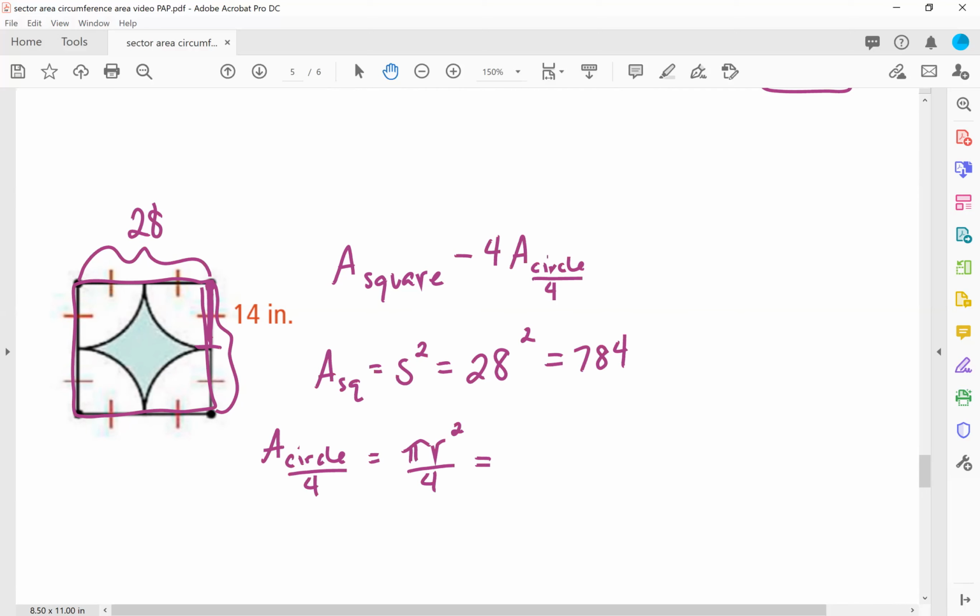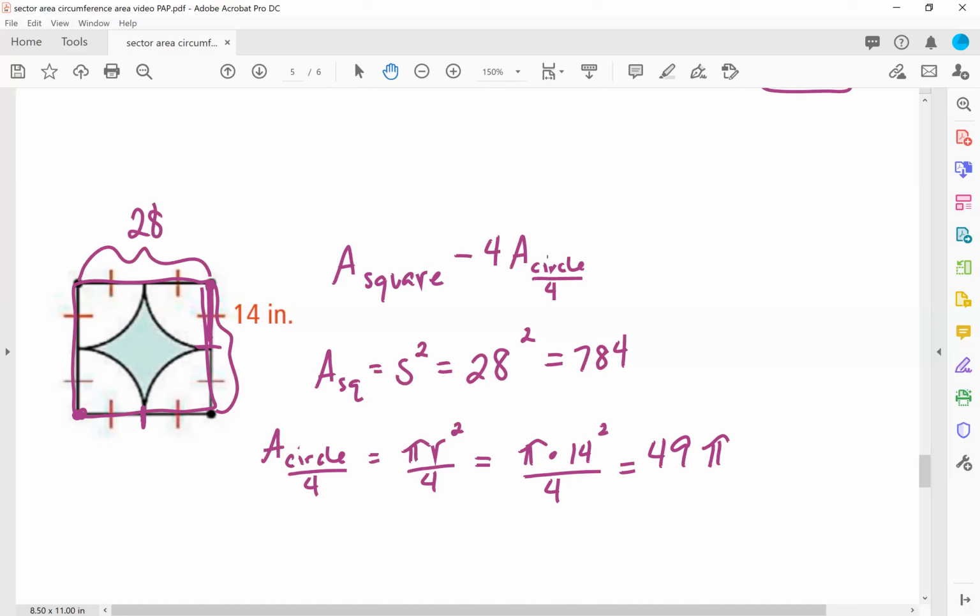So we have pi times, and the radius of our circle is just from the corner of the square to halfway. So the radius of our circle is 14. So 14 squared divided by 4. So 14 squared is 196. Divide that by 4, and you get 49. So it's 49 pi.